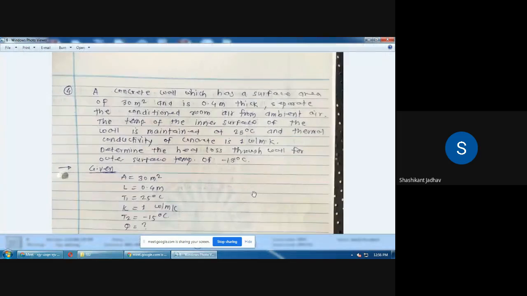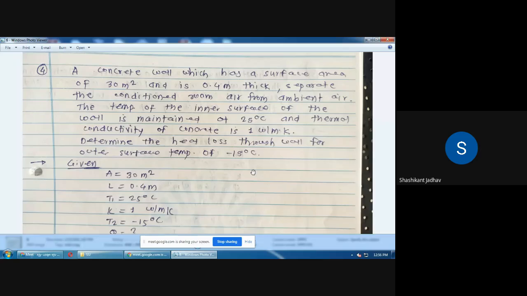Okay, so write down this problem. Last problem on the Fourier's law of heat conduction.